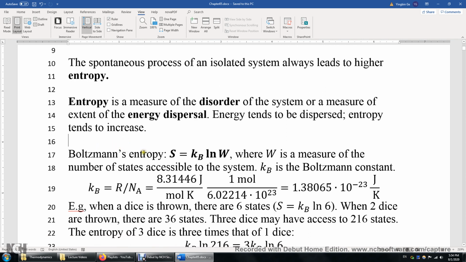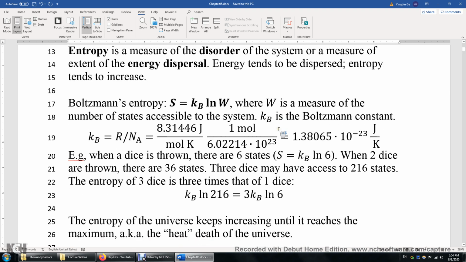The Boltzmann entropy has a very simple equation here. This is entropy defined by Boltzmann. It's equal to Kb times the natural logarithm of W. W is the measure of the number of microstates accessible to the system, and Kb is the Boltzmann constant.